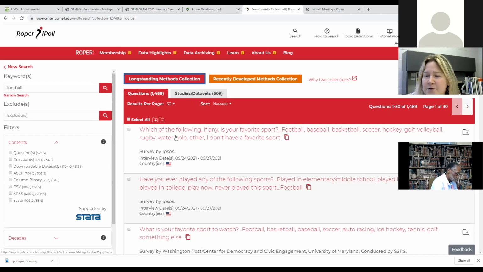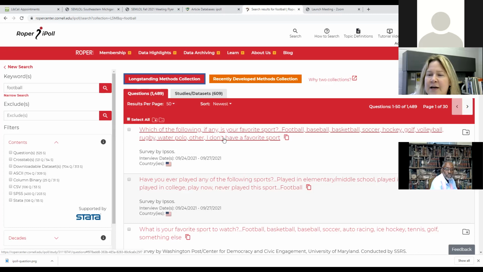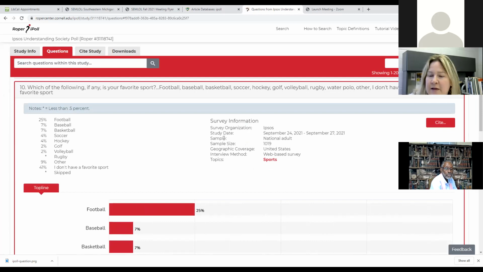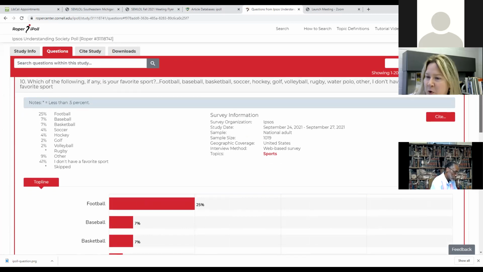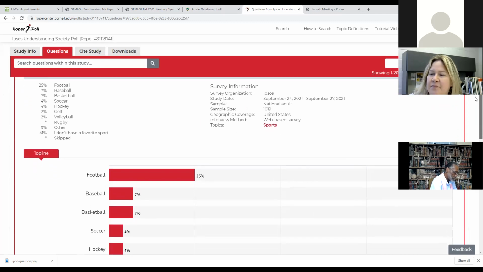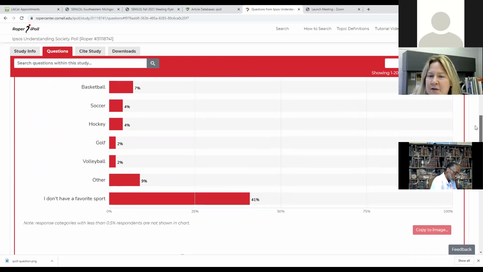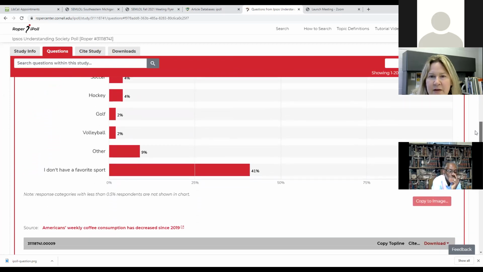Okay, so we see some interesting things. Very simple: which of the following is your favorite sport? And football was an option there. Did you ever play sport? Okay, and I am going to just click on the question. And here is the answer to that polling question. Here's the breakdown of the poll.